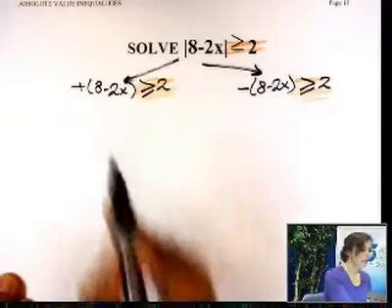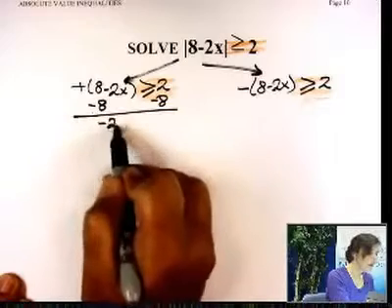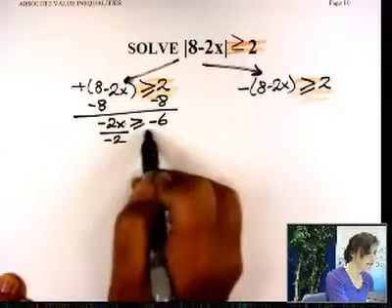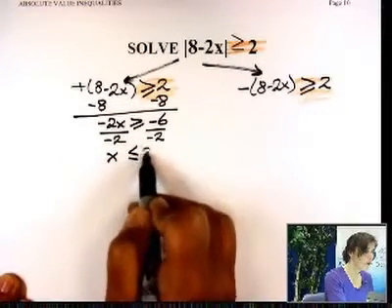Okay, let's work it out. Subtract 8 from both sides. Negative 2x greater than or equal to -6. Divide both sides by -2. x is, this is going to flip, less than or equal to 3.